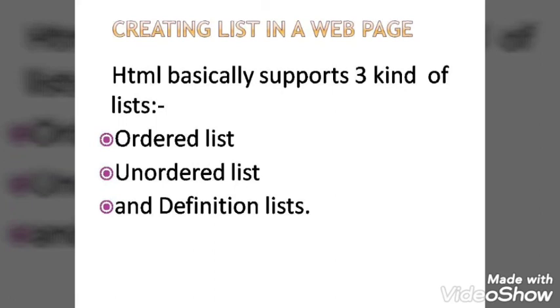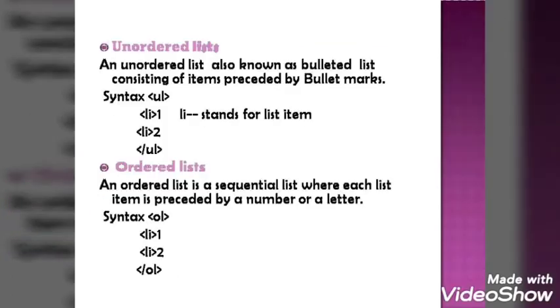Okay, definition list is also there. For the unordered list we use the format UL. UL is unordered list. You can add your items in this. LI means list item. You can add your items, but they will come in the format of bullets, not 1, 2, 3.